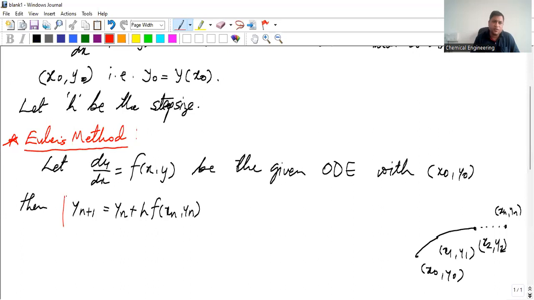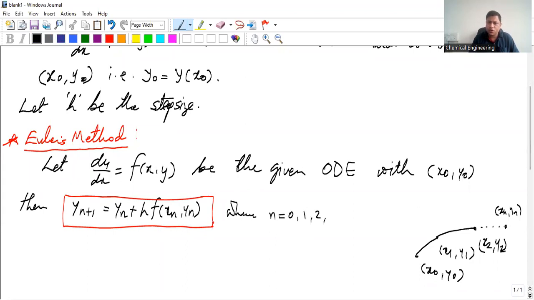So this is the formula for the Euler's method to solve the differential equation numerically, where n is running from 0, 1, 2 onwards. If you put n equal to 0, then we are able to calculate y1. If you put n equal to 1, we are able to calculate y2, and so on.